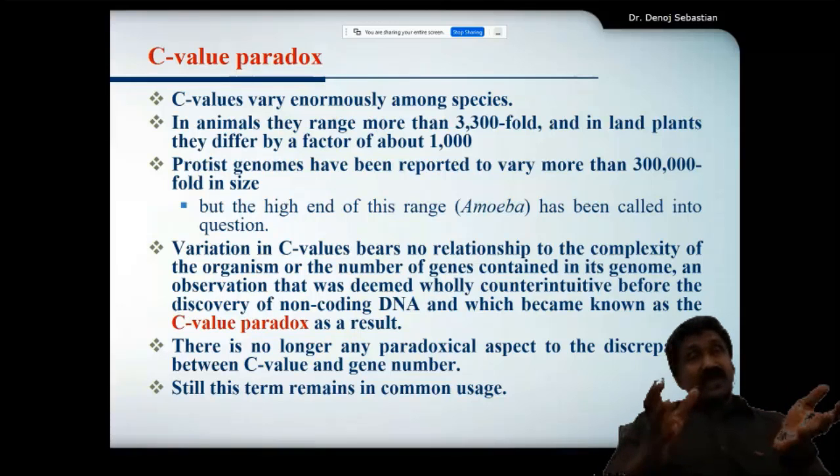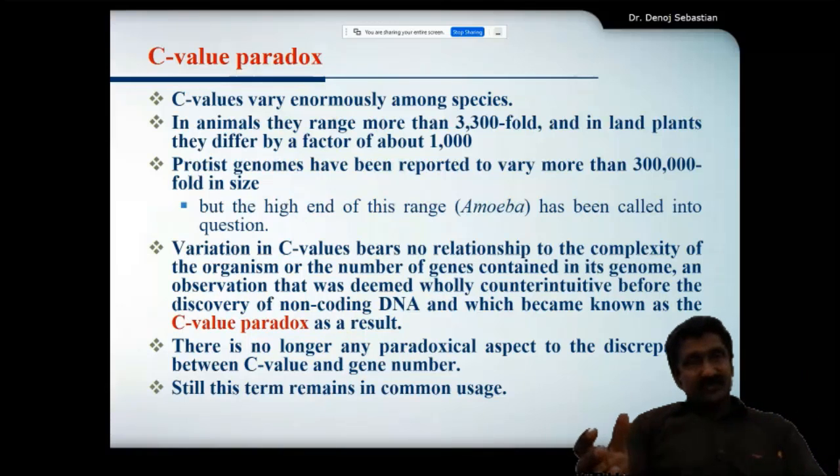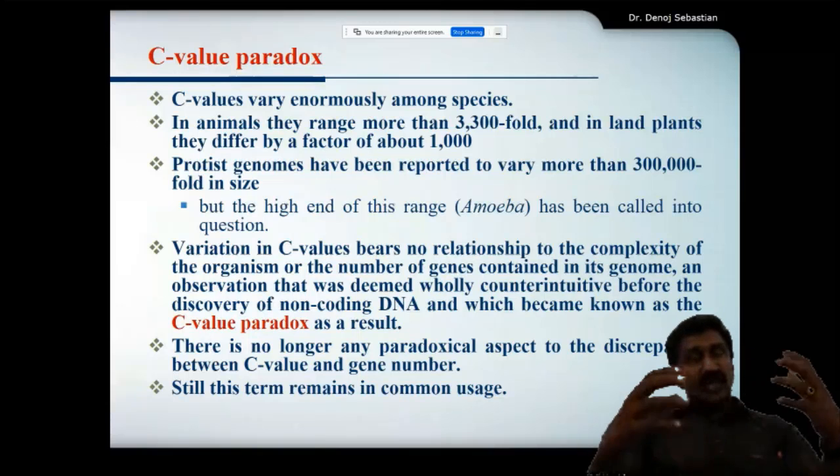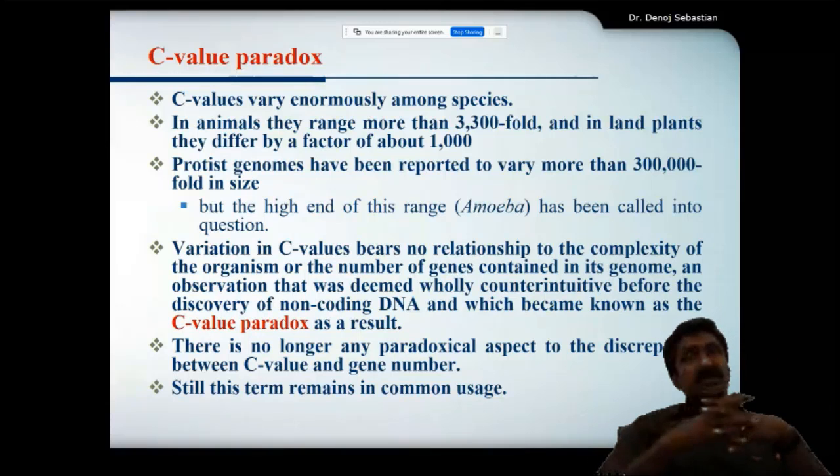Now this C value paradox was reported earlier, but now we know it is no more a paradox, because we can explain why it is happening. That is because of the non-coding DNA present in such genomes.